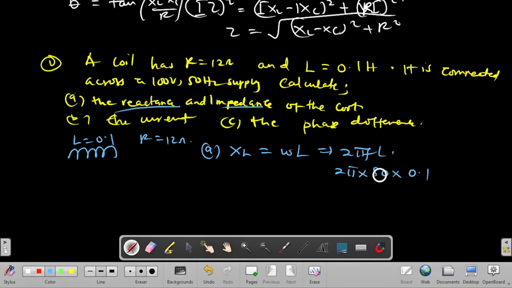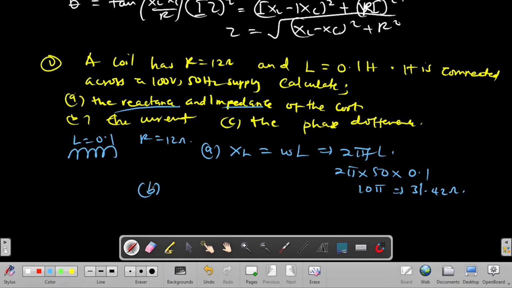This gives me 10 pi, which is 31.42. So that is my reactance calculated, and that is an inductive reactance.